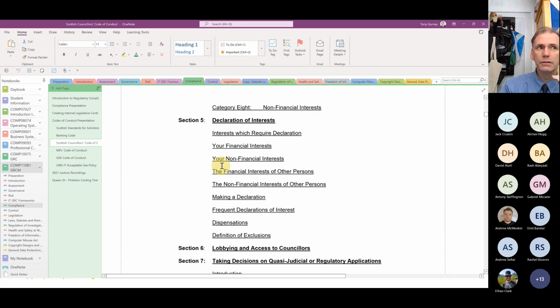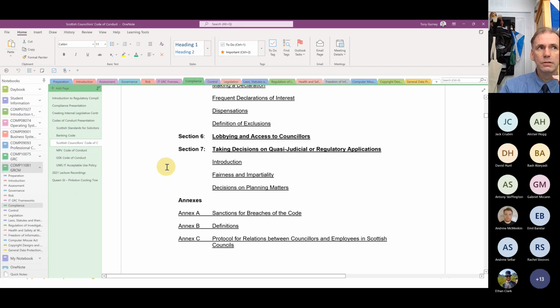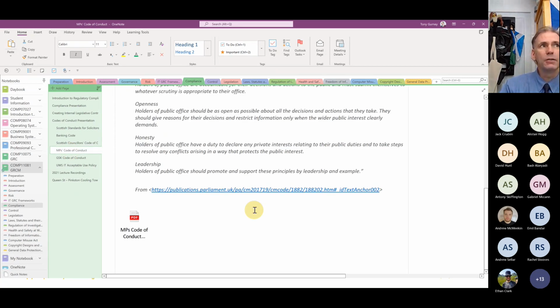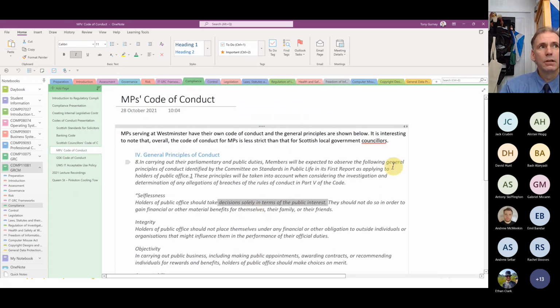So you have to declare all those interests. Interestingly, MPs also have a code of conduct, but it's less strict than the one for Scottish local government councillors. And again, I'll leave it up to you to decide why that is and whether or not you're happy with that.